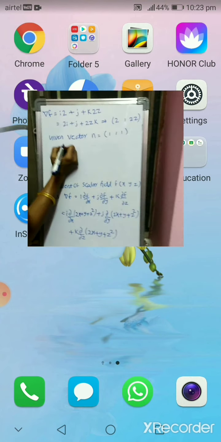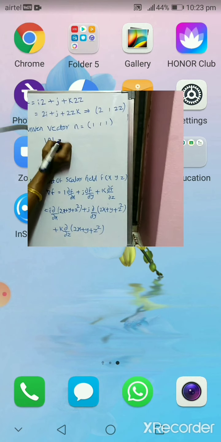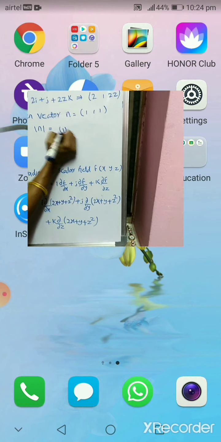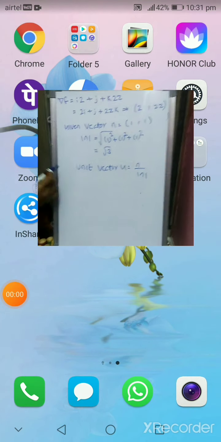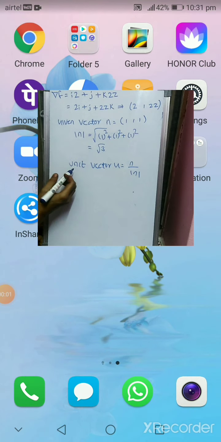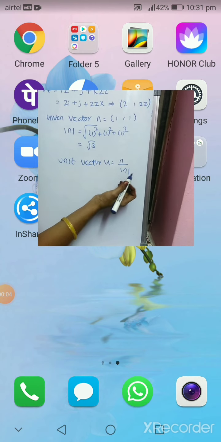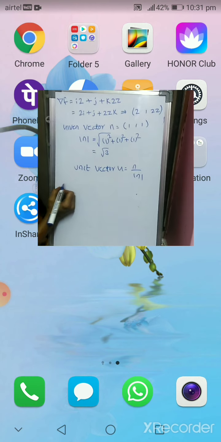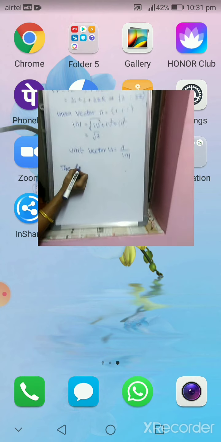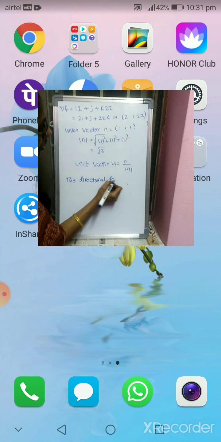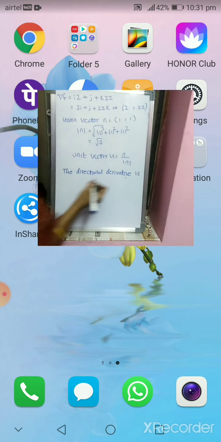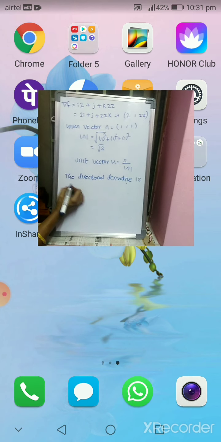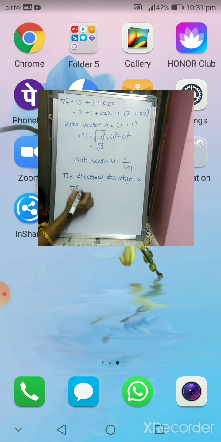So mod n is equal to under root 1 square plus 1 square plus 1 square. So the unit vector u is equal to n by mod n. So the formula for the directional derivative is del f dot u.